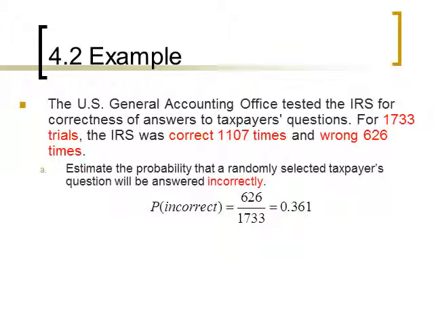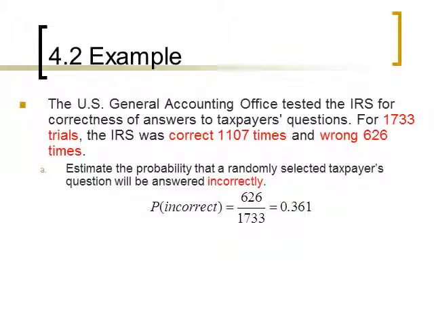So I highlighted the word incorrectly because that's the word that I want to put after my P, or probability. So I'm searching for the probability of incorrect, and so that means I need to search for the number that goes with the word incorrect up in the word problem. So if I look up in the word problem, the number that's associated with being wrong is 626 times. So I want to use 626 as my numerator.